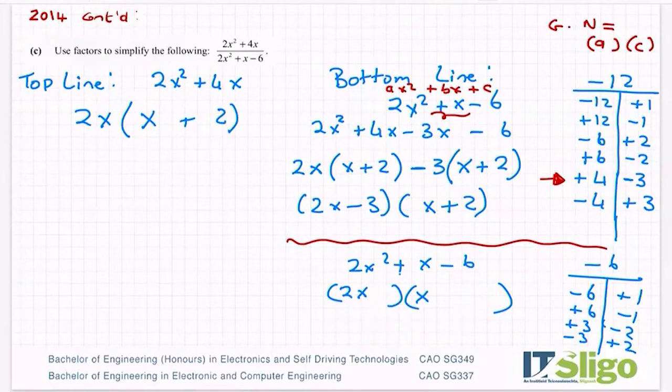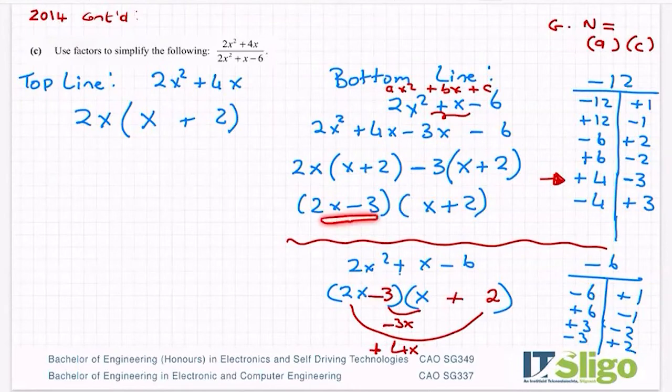So it's going to be a 3 and a 2. So you'd put the 2 here and you'd put 3 here. And then you're figuring out the signs. Okay, well, that's a 3x, and 2 2's is the 4x. So I need the 4 to be a plus and the 3 to be a minus. So the plus goes there and the minus goes there. Okay, and you can see that you get the same answer.